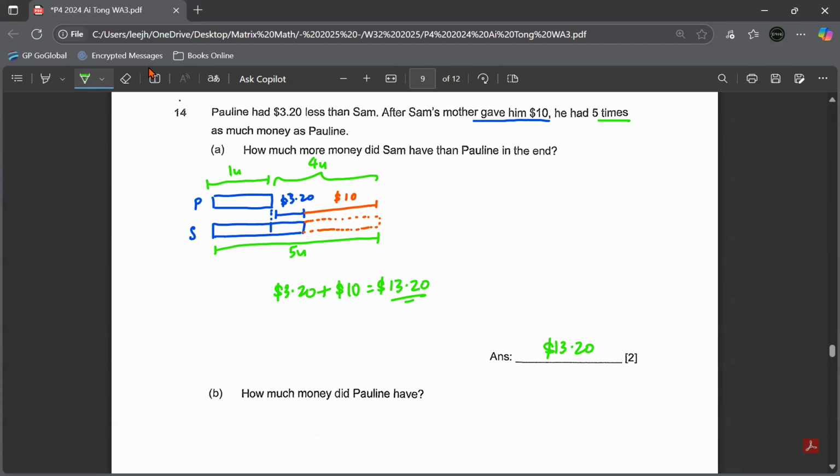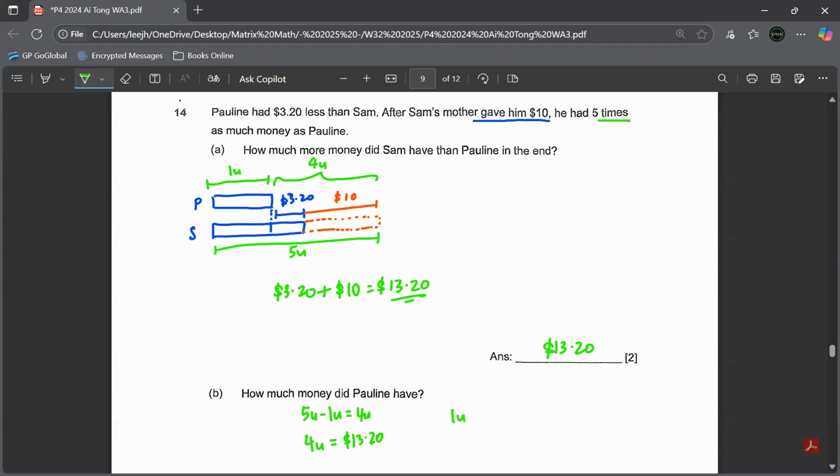So over here, we can see that the difference between these two people will be a difference of 4 units, because 5 units minus 1 unit equals 4 units. Look for 4 units, you know that it is actually the difference in the end between them. So 4 units is 13.20.